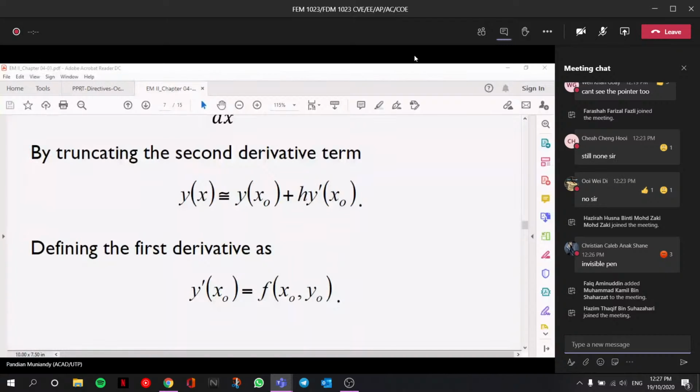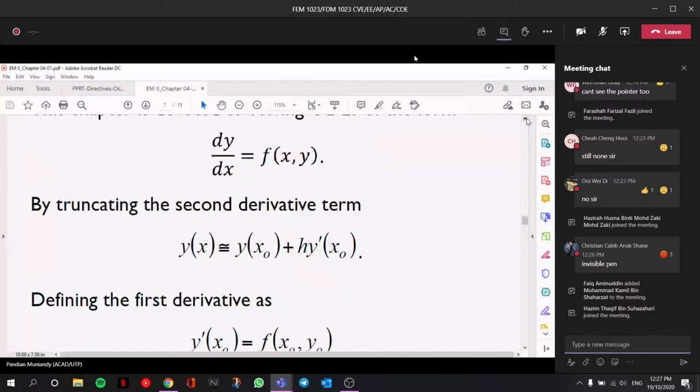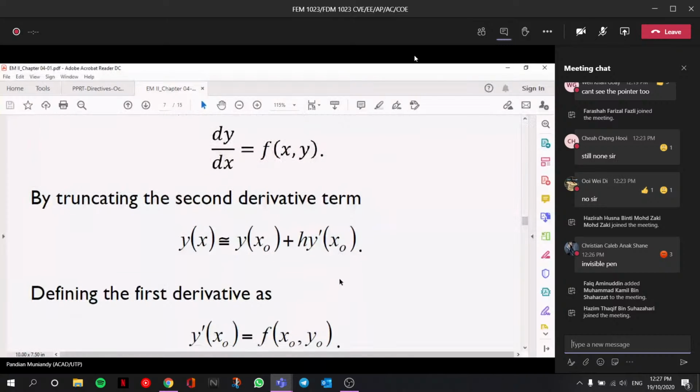I can use this, but this text you cannot see, so it's very hard. So dy/dx = f(x, y), y(x) is the output, y(x0) plus h y'(x0). So you must know this formula. You write down this formula. And now we move on to slide number 8.